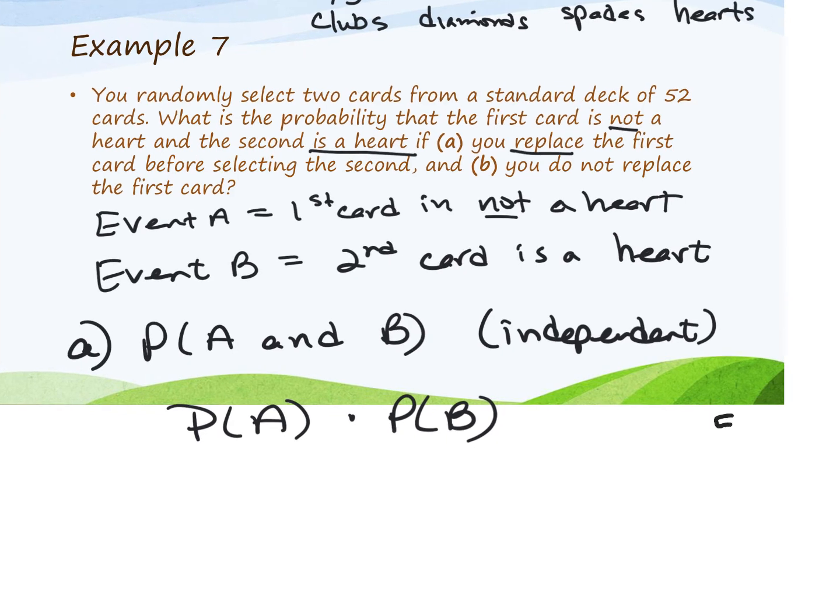So if I do 52 minus 13, that's going to give me how many cards are not hearts. Because we have 13 plus 13 plus 13, that's 39. Diamonds, clubs, spades. So the probability of not a heart is going to be 39 over 52.